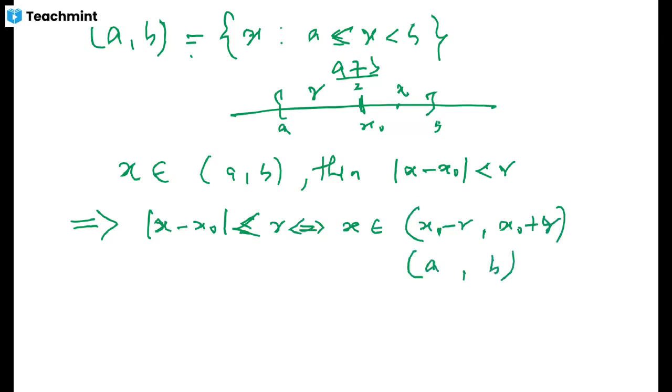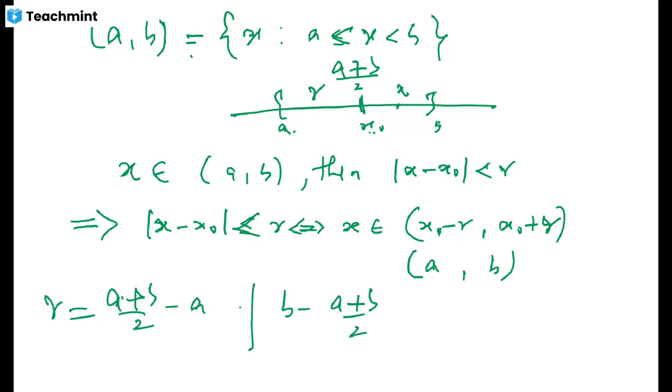This can be verified because x0 is (a + b)/2. The distance from x0 to a is (a + b)/2 − a, and this distance is r. Similarly, on the right-hand side, the distance to b is b − (a + b)/2. Both are equal.